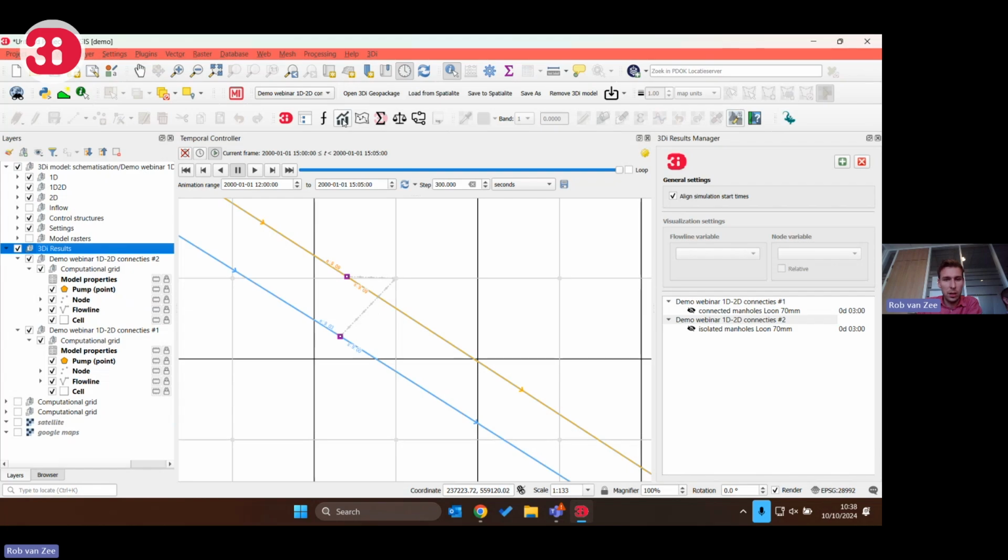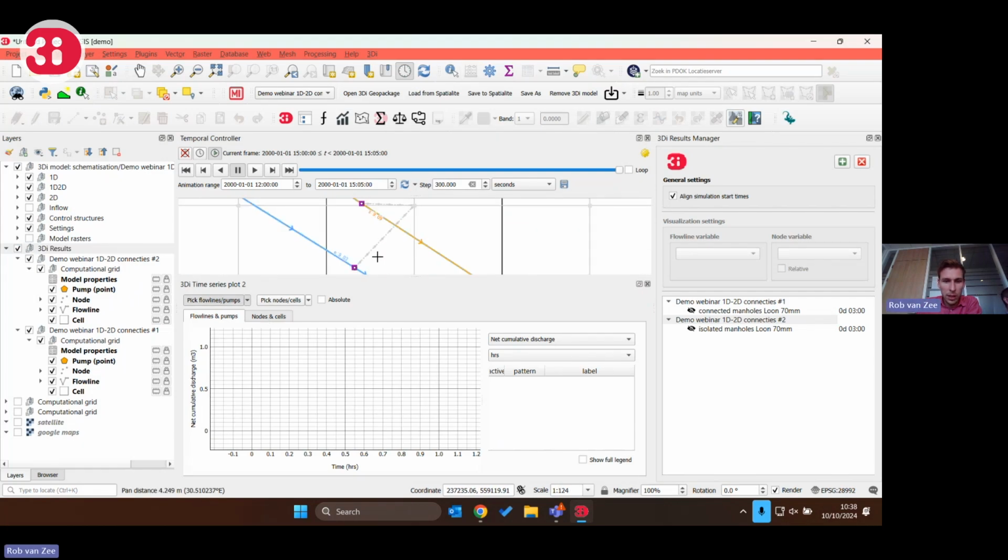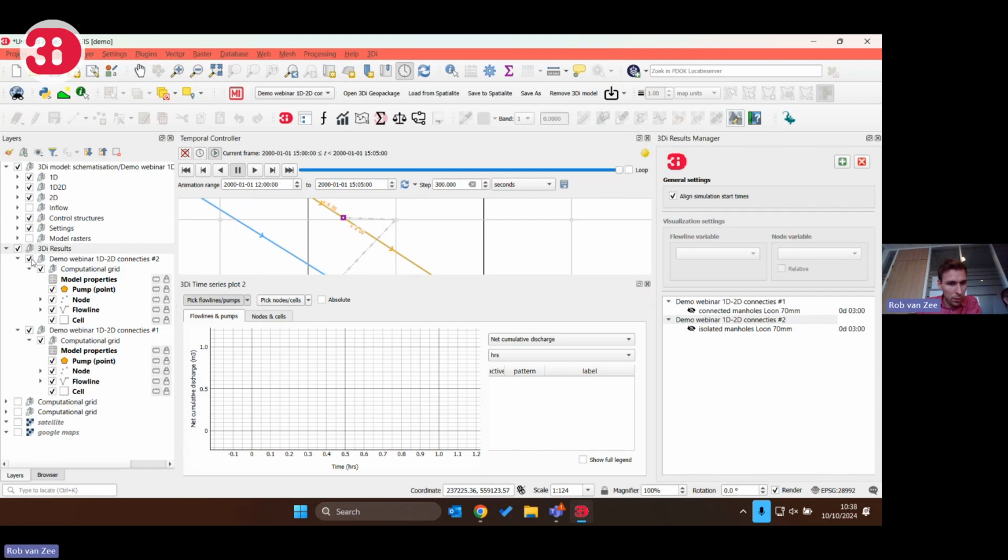So what we can do, we can use the time series plotter. Okay. And we can see, okay, this one was present in both simulations because we only decoupled this one. So if I put one of these out, I think this one.